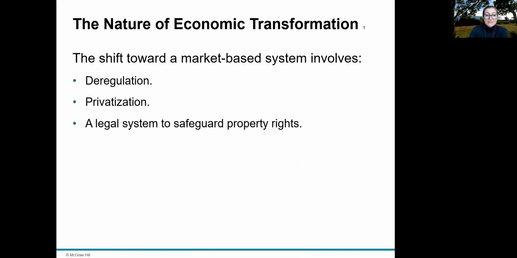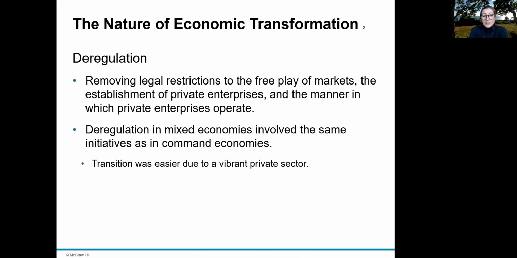Go figure. Anyway, this shift that we've seen in the last 30 years towards a market-based system involves deregulation, privatization, and a legal system that safeguards property rights. So let's break that down. Deregulation is about removing legal restrictions that inhibit the free market system.